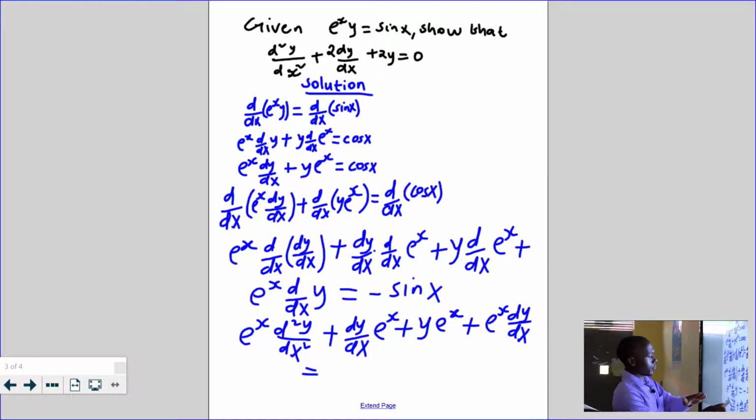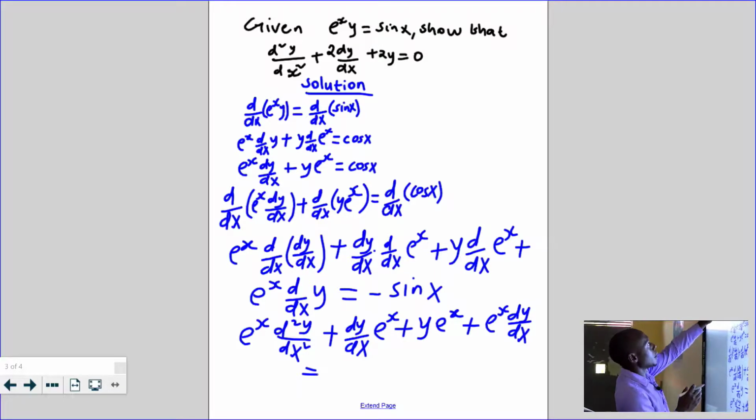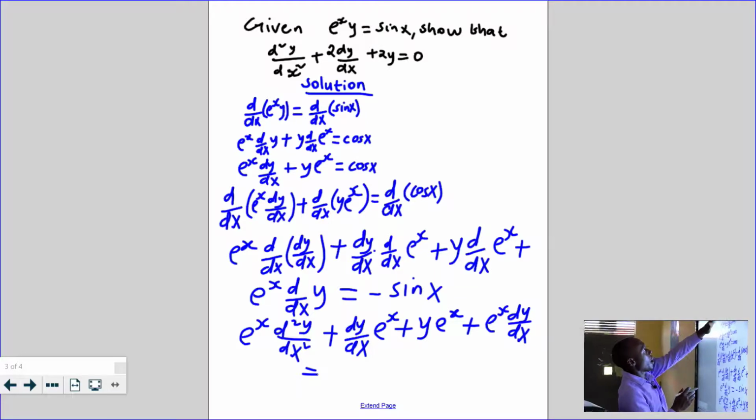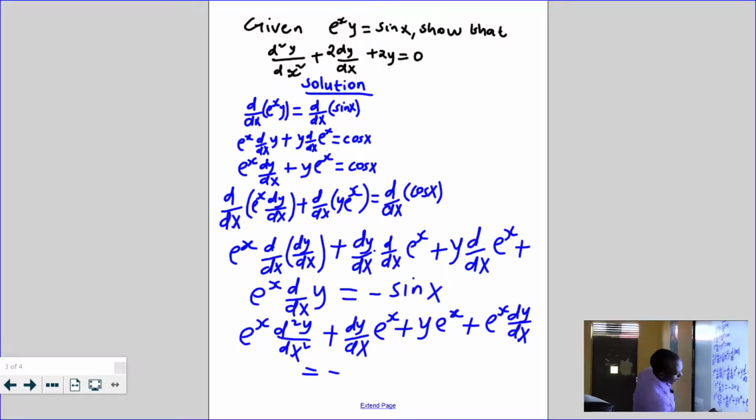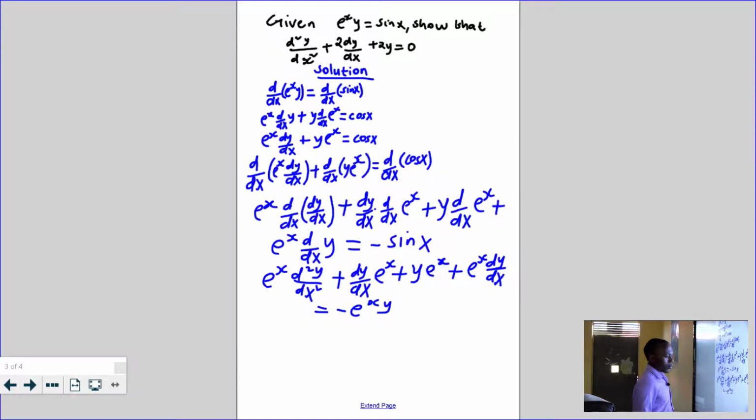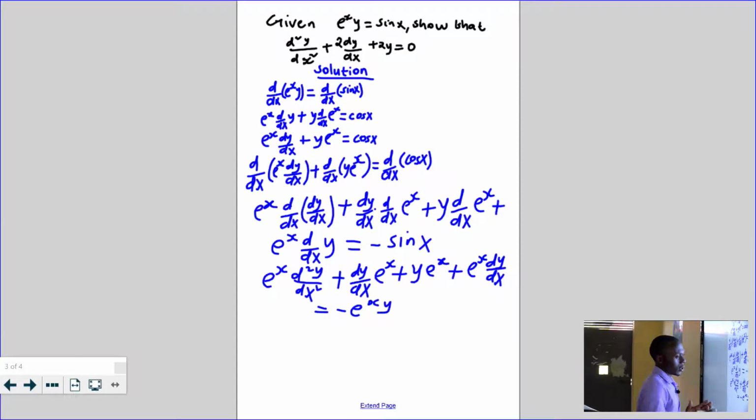Sin x, but now remember, instead of sin x, we add e^(xy), but there is a negative, so negative e^(xy). So we are now here, we can realize that e^x appears everywhere, and therefore we can factor it out.